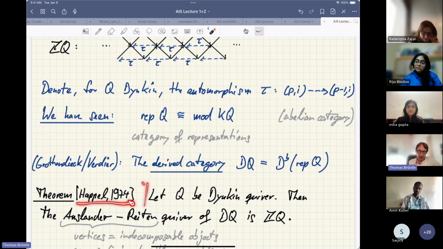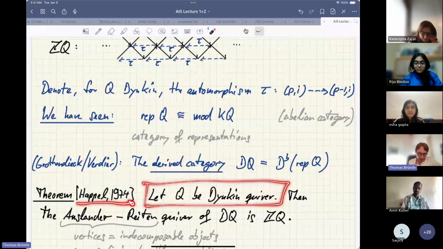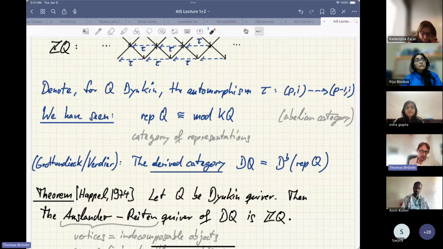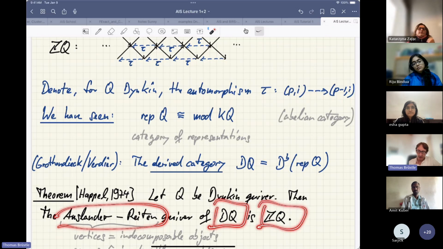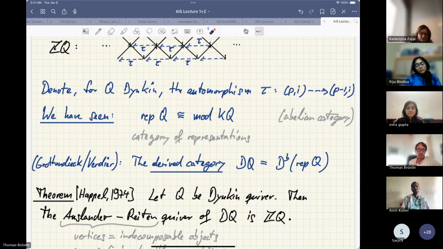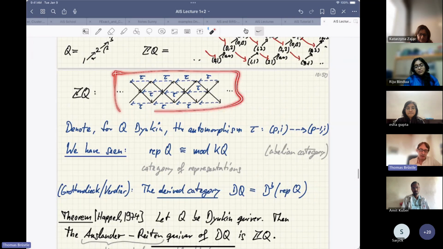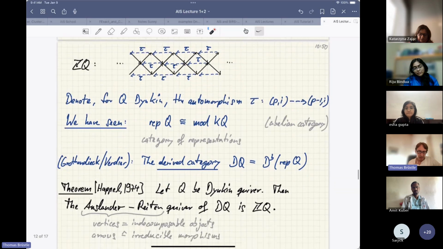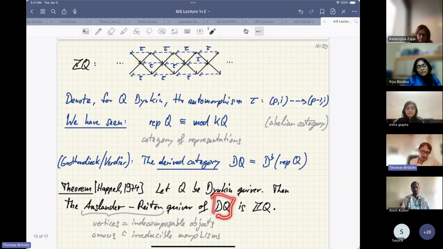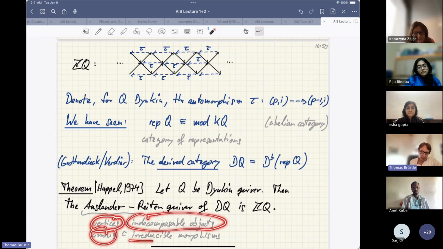Happel showed that when we start with a Dynkin quiver, then the Auslander-Reiten quiver of this derived category is that one, ZQ, which can be defined easily, combinatorially. What is the Auslander-Reiten quiver of the derived category? It is the quiver whose vertices are the indecomposable objects of the category and whose arrows correspond to irreducible morphisms between those indecomposables.